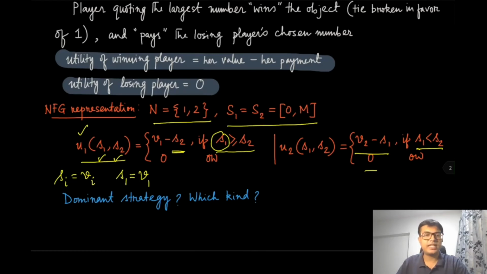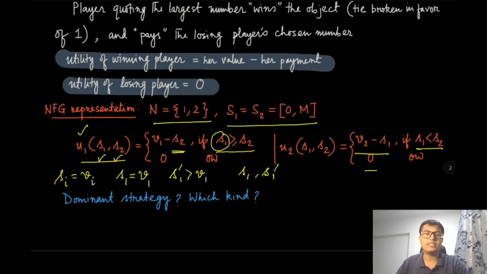Let us assume that S1 prime is strictly larger than V1. You can use a very complementary argument to show that when S1 prime is less than V1, the same argument will hold. Now we are done with these two pairs, S1 and S1 prime.